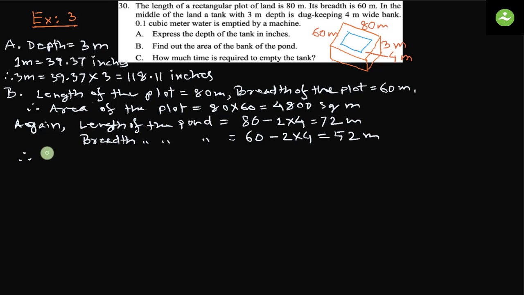Therefore, area of the pond equals to 72 into 52 square meter equals to, if we multiply 72 by 52, it will be 3744 square meter.